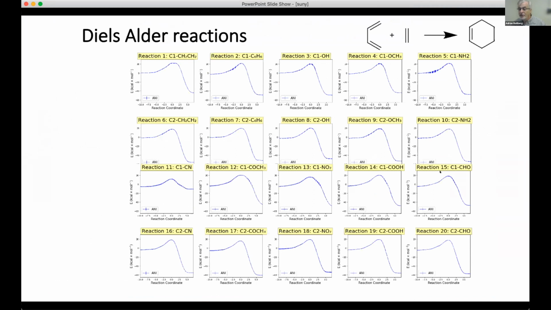These are Diels-Alder reactions with substituents, and it turns out that it works. But like you said, you have to retrain it. So you need to figure out what this network could not possibly know, transition states, right? Or at least the way we trained it. So what you need to do is generate a set of data that is close to the transition state of the reactions you want to look at, and then it learns very quickly.